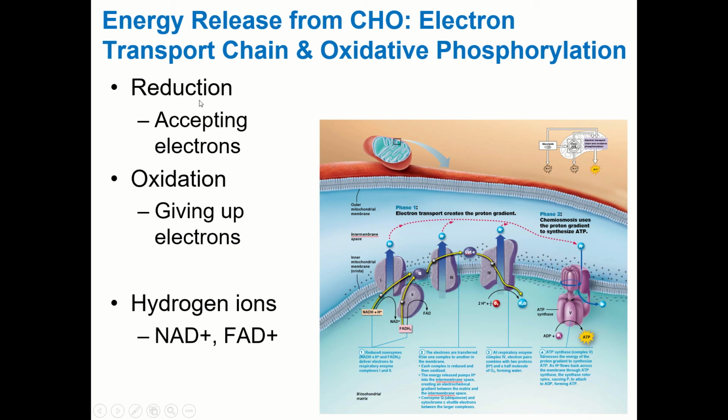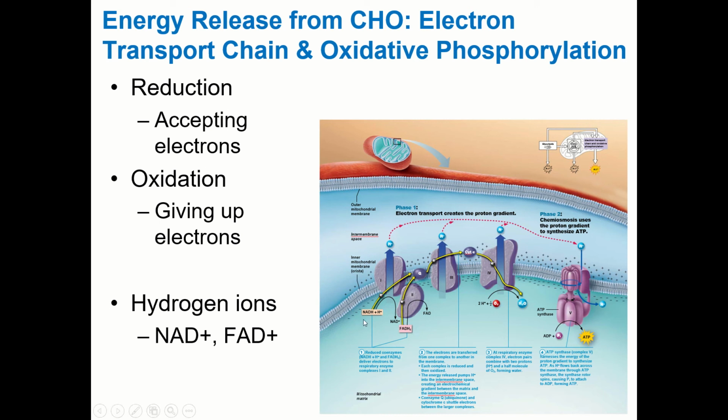So I mentioned earlier that if a molecule accepts electrons, then it is reduced. So when NAD becomes NADH, it is accepting electrons attached to hydrogen, but in doing that, it is then reduced. When it gives them up, it is being oxidized.